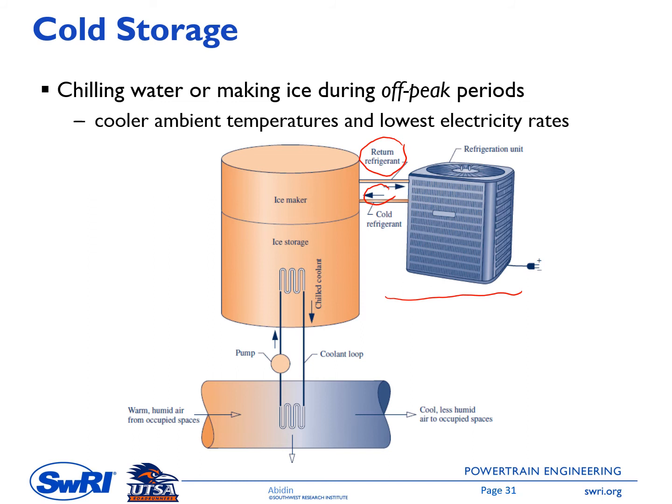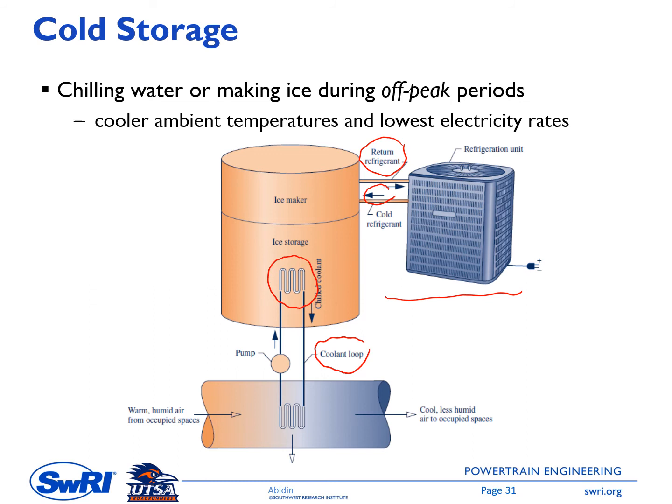time we can use this cold ice for different purposes. For example, we can pump liquid here, or coolant, through this line, and then discharge the heat to this ice storage, and then bring the cooled coolant back to this tunnel.